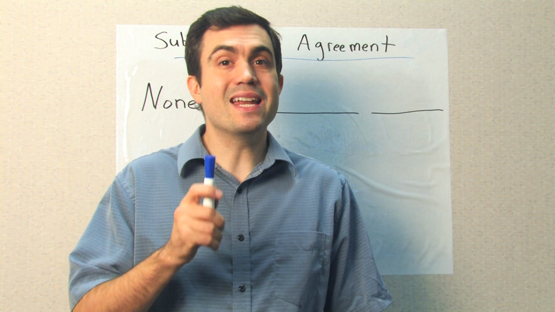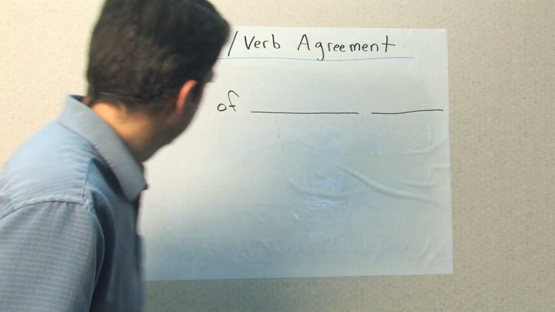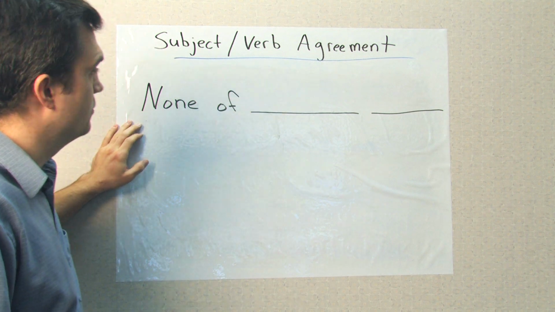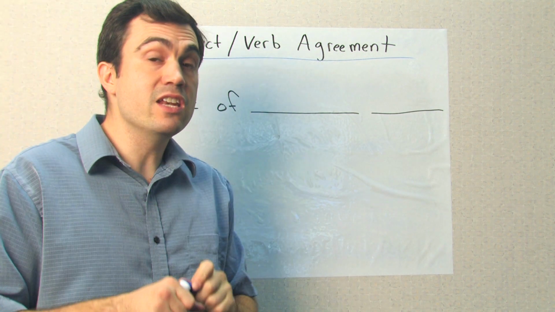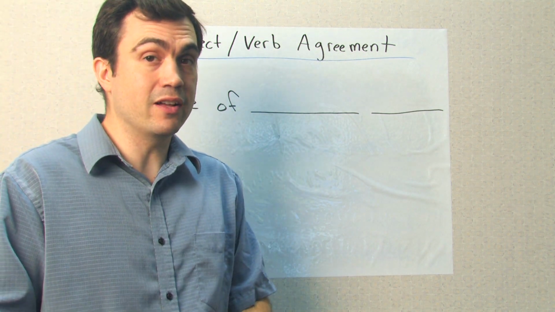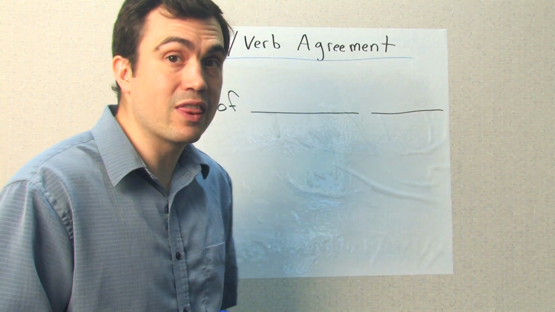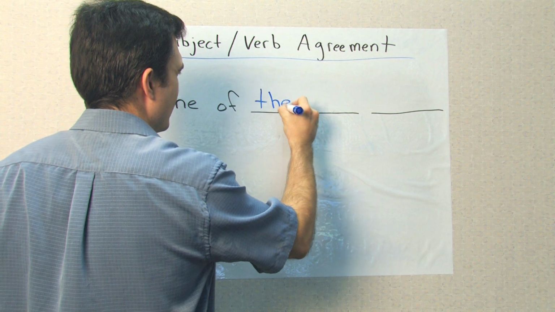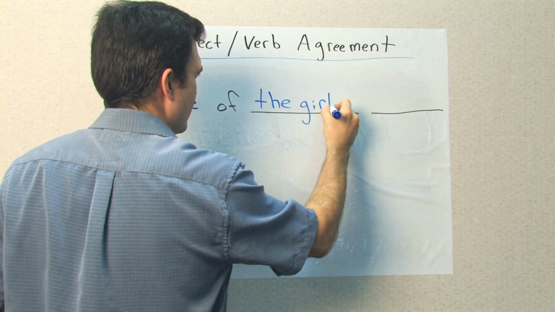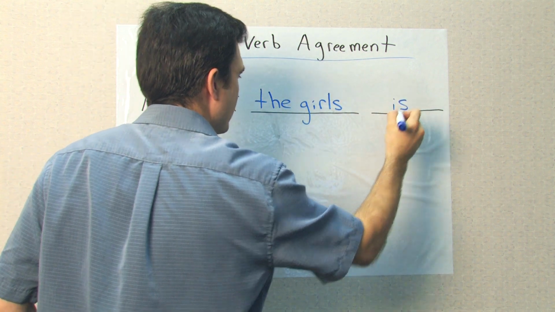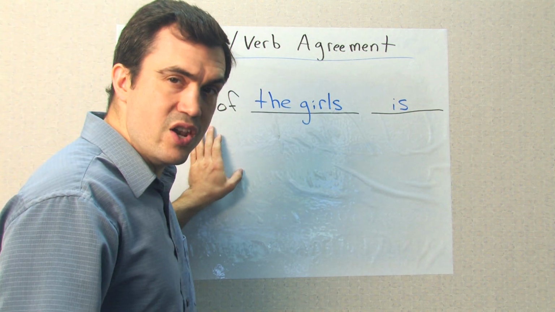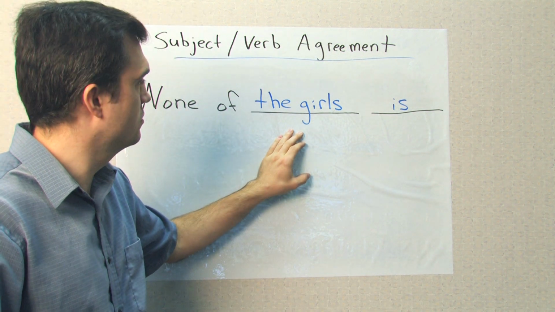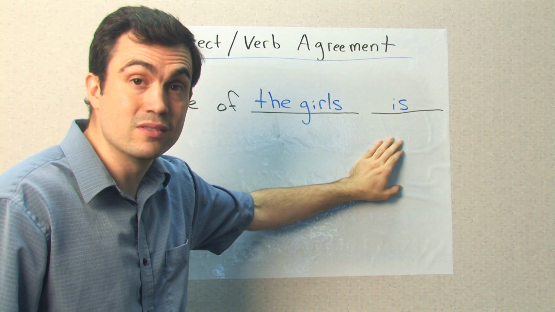Okay, let's look at none of. Now, in old-fashioned English, it would look like this. None of the girls is.